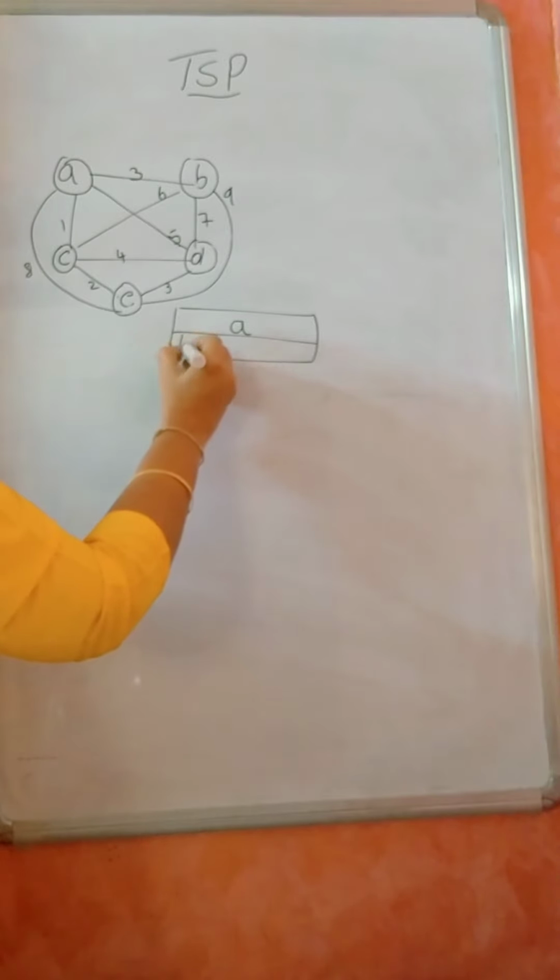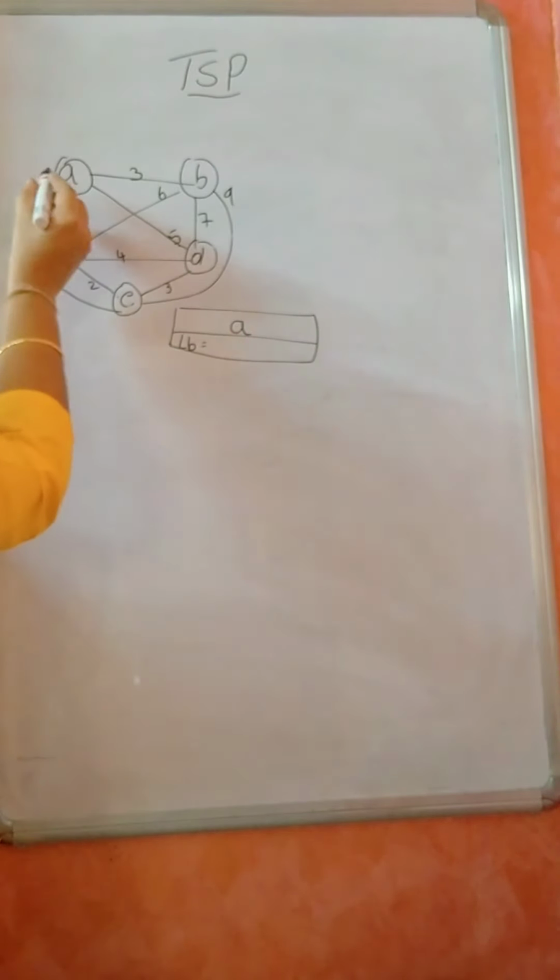The lower bound is computed by considering the sum of the two nearest vertices from each vertex, divided by 2. From A there are 4 outgoing edges: 8, 1, 5, 3. Which is the minimum?